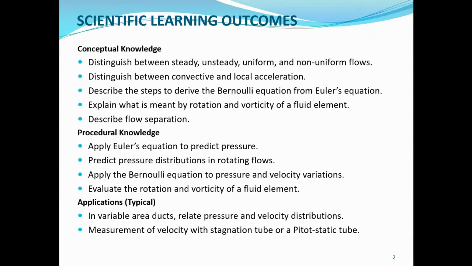The procedural knowledge includes applying Euler's equation to predict pressure distributions in rotating flows. The applications include variable area ducts, pressure and velocity distributions, and measurement of velocity with a stagnation tube or a pitot-static tube.